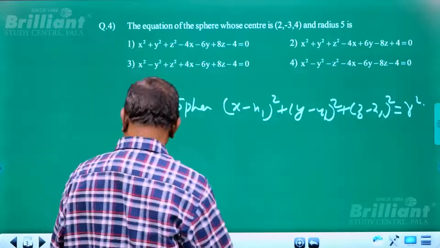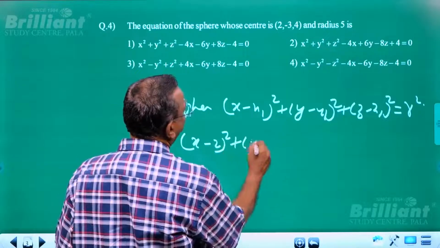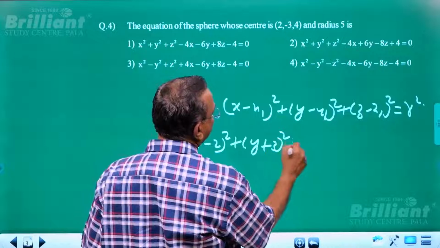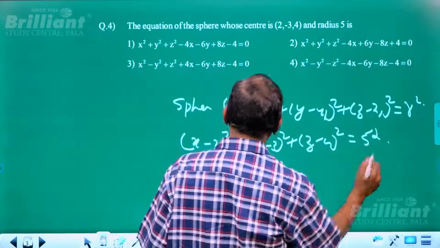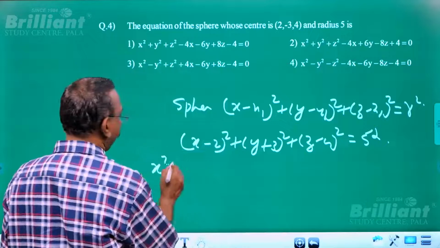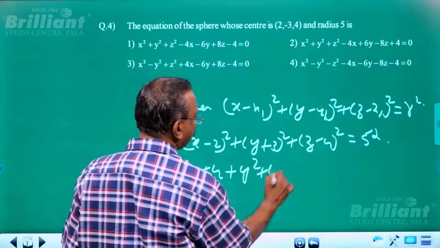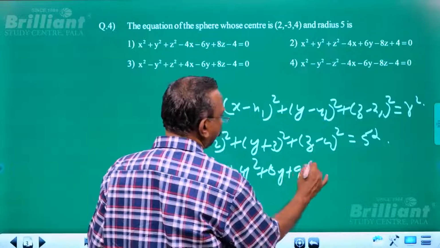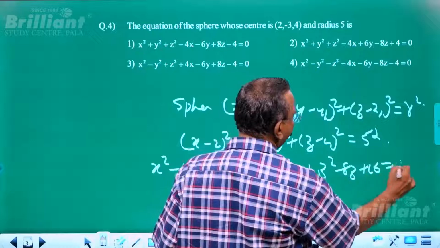Here it is x minus 2 the whole square plus y plus 3 the whole square plus z minus 4 the whole square is equal to 5 square. So it is x square minus 4x plus 4 plus y square plus 6y plus 9 plus z square minus 8z plus 16 is equal to 25.